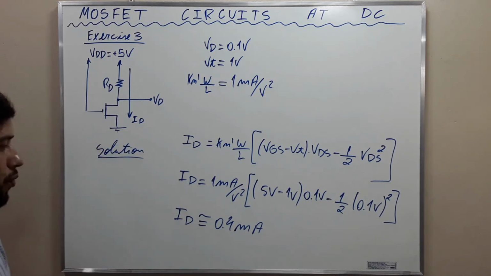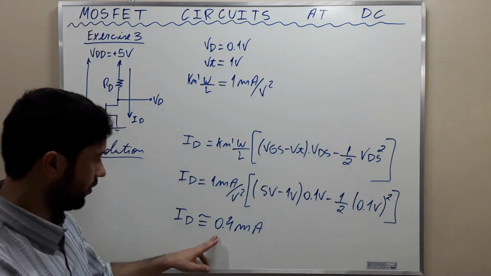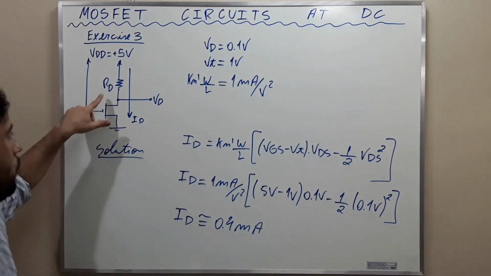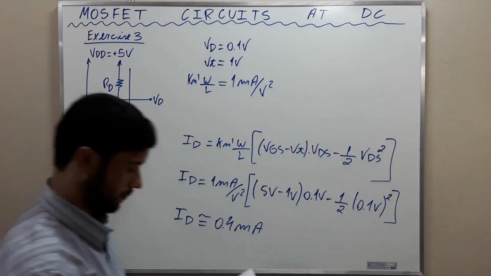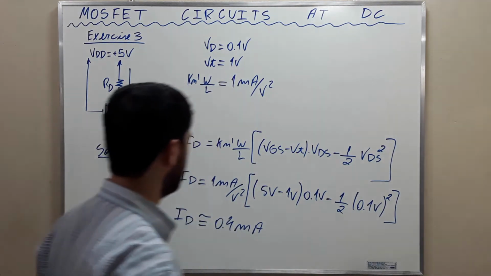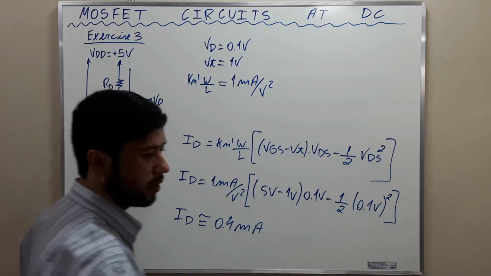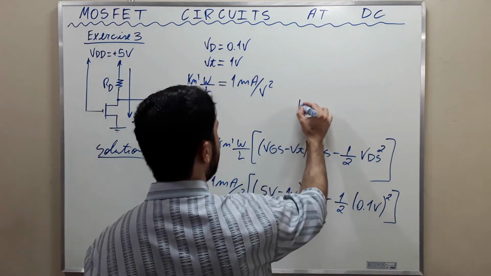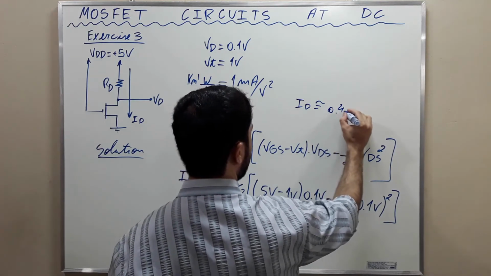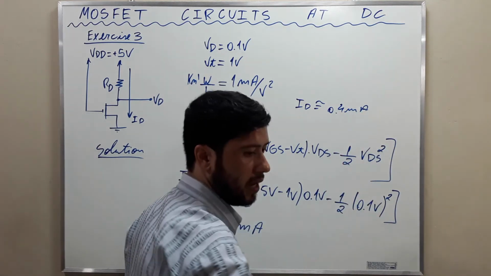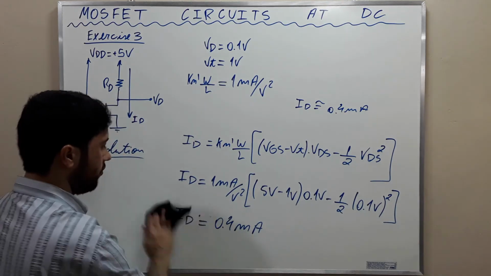Approximately 0.4 milliamperes. With this value, we can calculate this resistance here. Let's do it. Let's put it here. Now I can erase here.